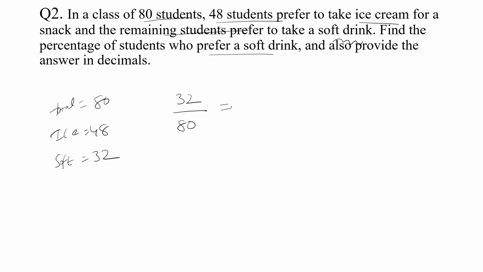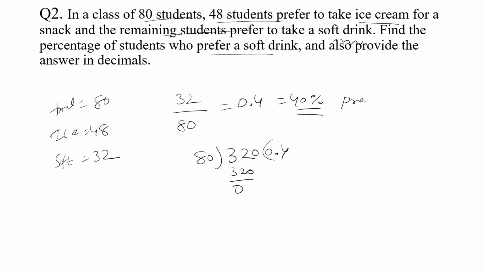If I want to make it a percentage, I have to convert it into decimal form. 32 by 80 is 0.4, that means 40 percent of the students prefer soft drinks.